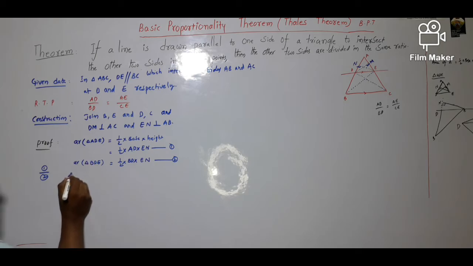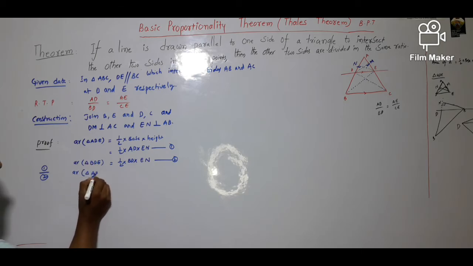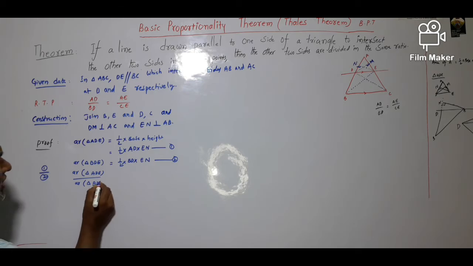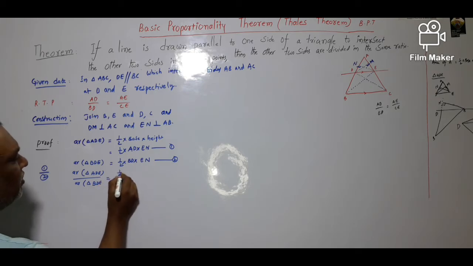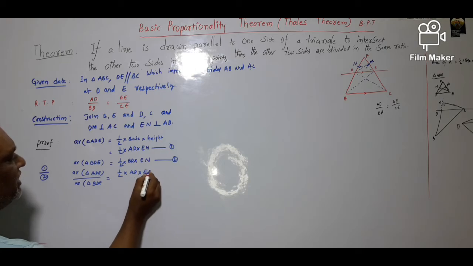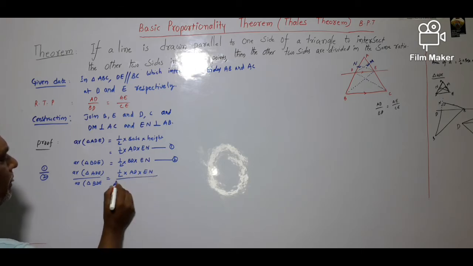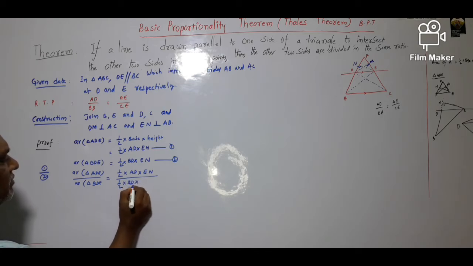Area of triangle ADE by area of triangle BDE is equal to half into AD into EN divided by half into BD into EN.